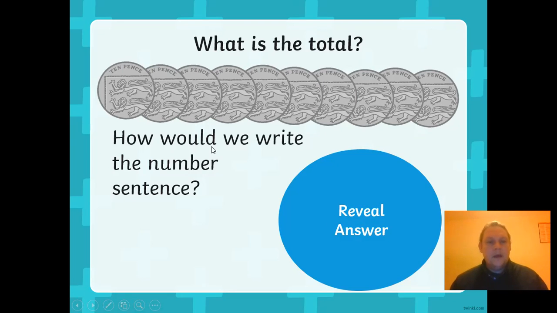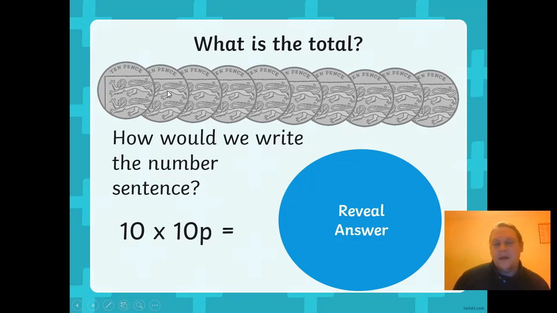Next one. Let's have a look. Right. How many 10p pieces have we got this time? 1, 2, 3, 4, 5, 6, 7, 8, 9, 10. Okay, 10 10p pieces. How would we write our number sentence for this? 10 times 10p. Okay, hopefully some of you have recognized what does that amount to?